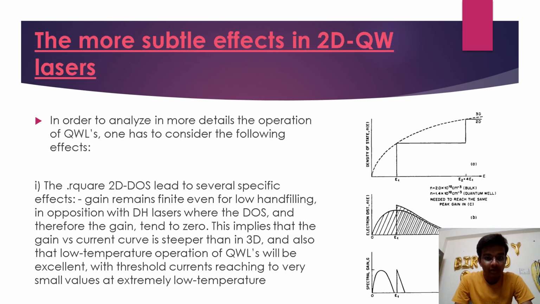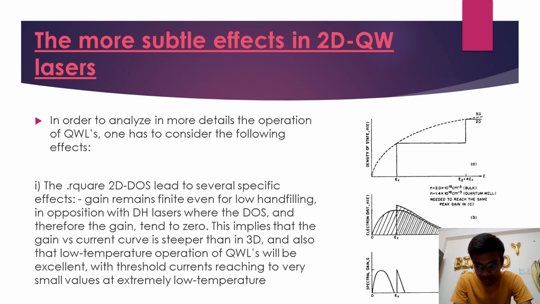The more subtle effects in 2D quantum well lasers. In order to analyze in more detail the operation of QWs, one has to consider the following effects. The 2D DOS leads to several specific effects.